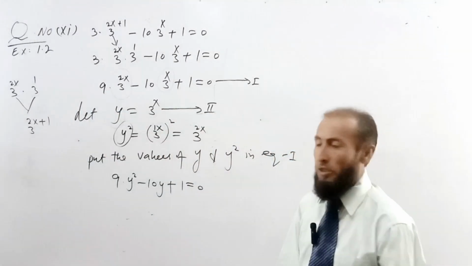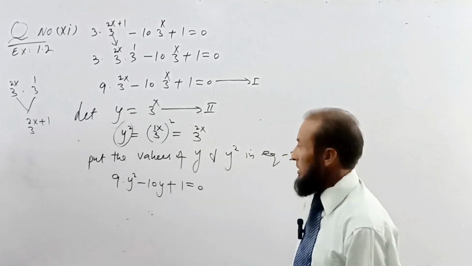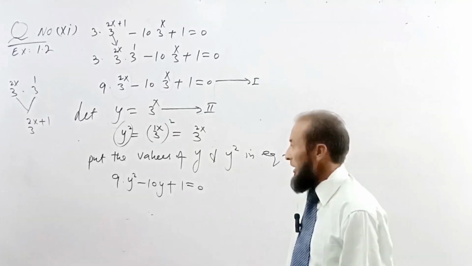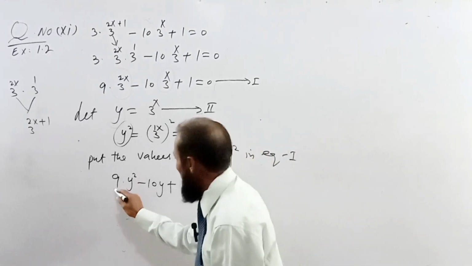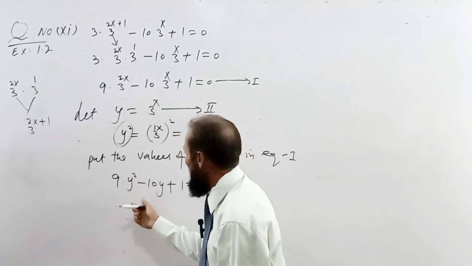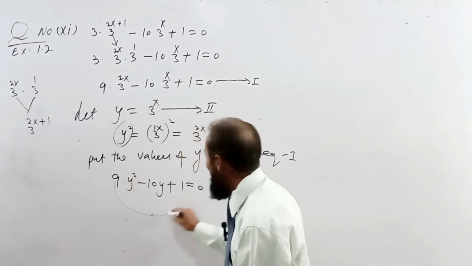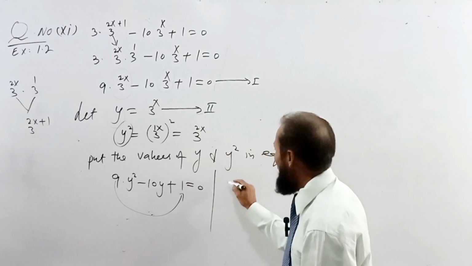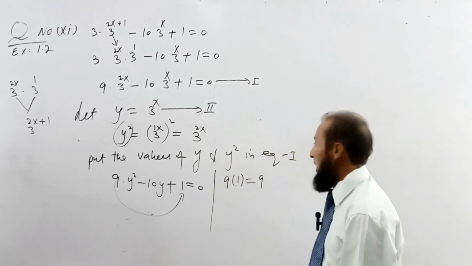We can use any method. There are 3 methods we can use: factorization method, completing square method, and quadratic formula. But I am using the factorization method here. The first term multiplied by the last term we get 9.